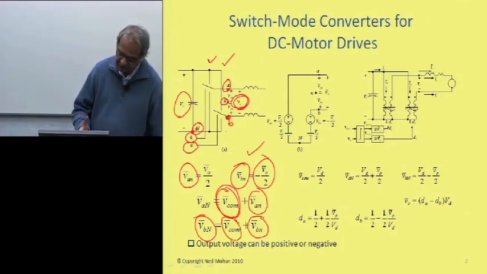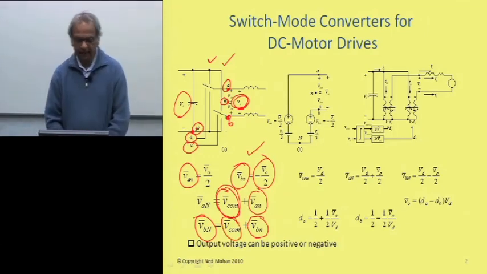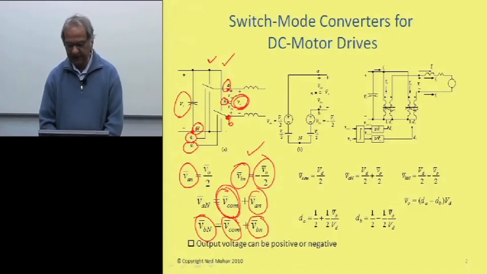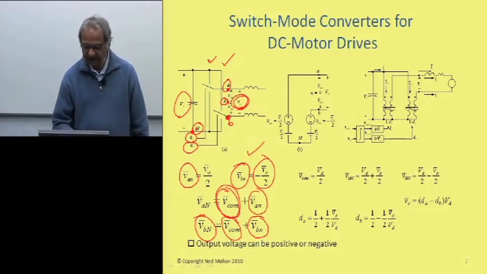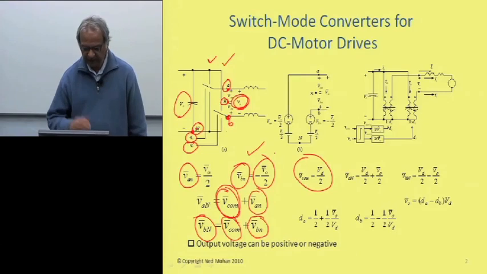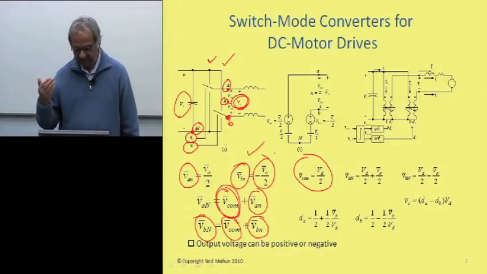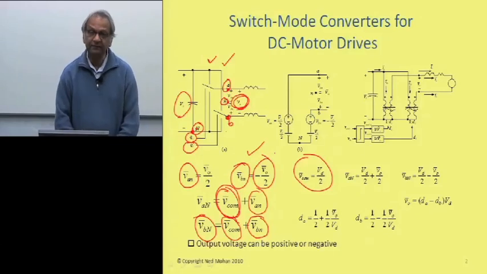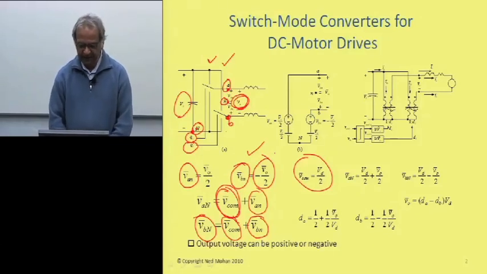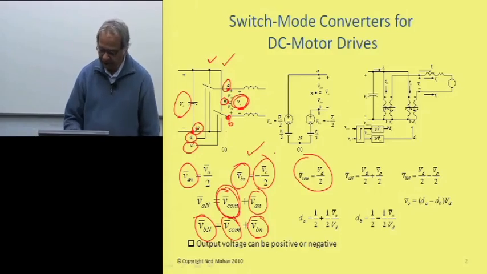So what should this common mode voltage be? Well, you can take any value, in fact, but I think the most logical would be half the DC bus voltage, so you can make V0 go as much positive as negative. That's the reason we pick this common mode voltage to be half the DC bus voltage.